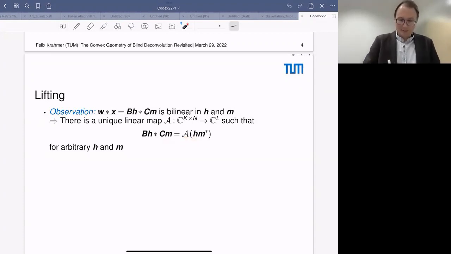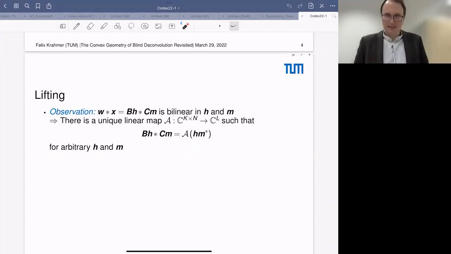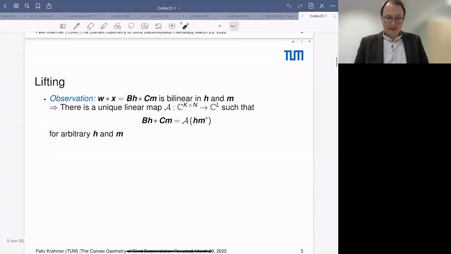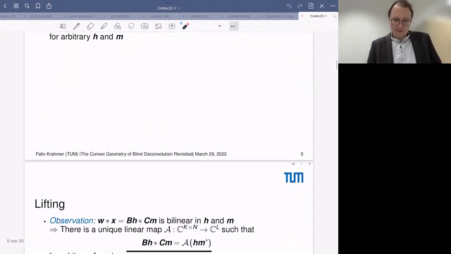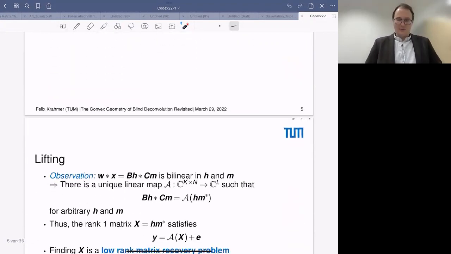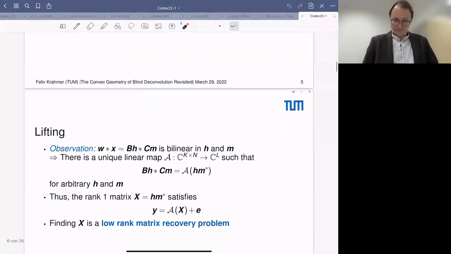So there's a unique linear map, such that this convolution can be written as the linear map applied to H times M star or M transposed. It depends a little bit how you exactly normalize this. Okay, so that is an observation, as I said, for phase retrieval, proposed by Radu, and then later on, I think going from quadratic to bilinear is not such a big step.